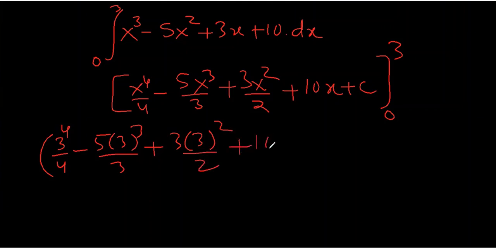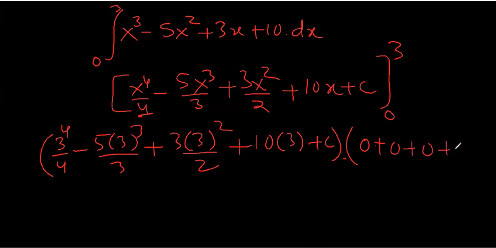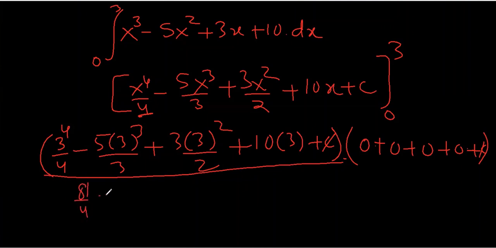Ten times 3 plus c minus... This will be 0. First one, if I substitute 0 here, then the next one will be 0, the next one will be 0, every one will be 0, and plus C, and C will also get cancelled out. So this is the only one area left. So the area is 81 over 4 minus 135 over 3, and that will be 27 over 2 plus 30.